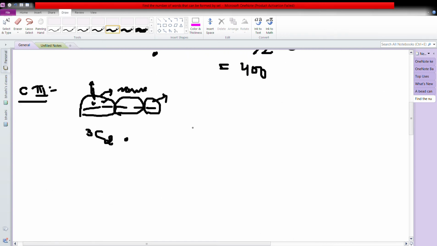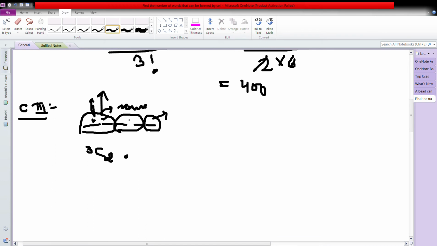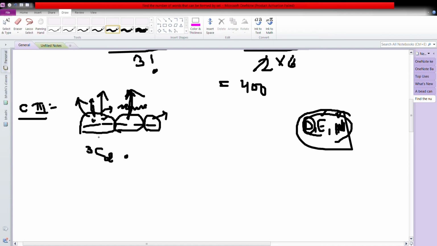Why two? Because this as well and this as well, so out of these D, E and N, we have to select these two individual places. So we write it as 3C2. We have got our two letters and assigned them to these places.